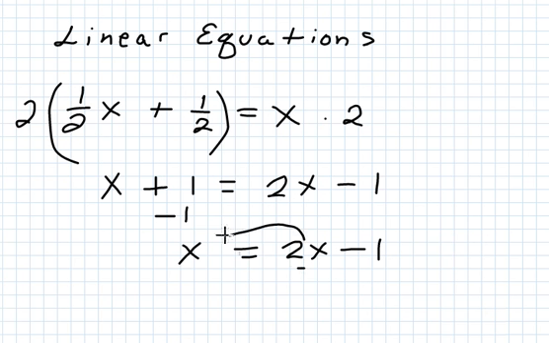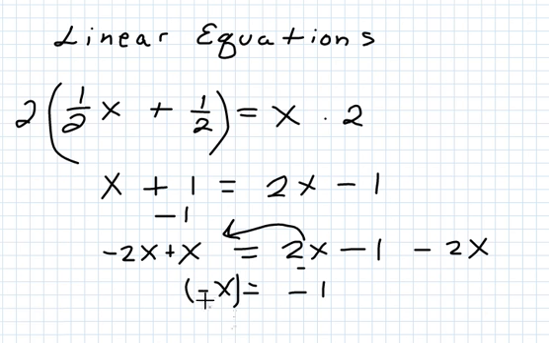I'm going to go ahead and take this 2x over here to this side, and that means that I'm going to subtract 2x from both sides. Yeah, there's always more than one way to work a problem out. But negative 2x, positive 2x is negative x, and then we're just left with a negative 1.